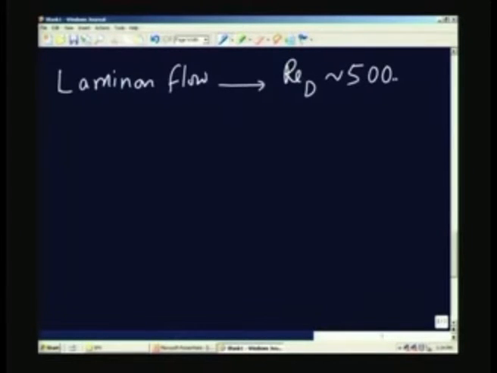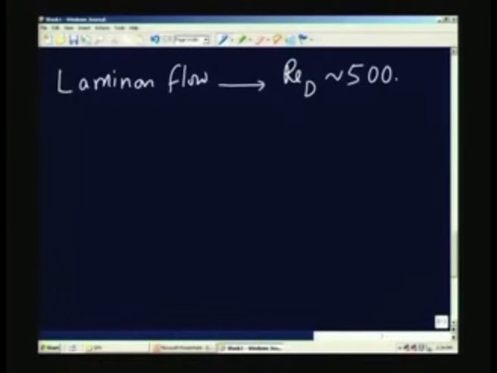I do not want to exceed this value. If you have a very low Reynolds number, the pressure drop will become very high. If you go to a large Reynolds number, there is a danger that the flow may become turbulent in the experiment. Therefore, we have to go for some median value like this. So, I am just taking Re_D equal to 500 as a possible value.